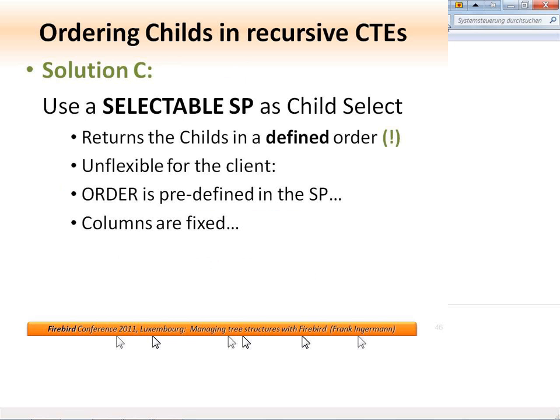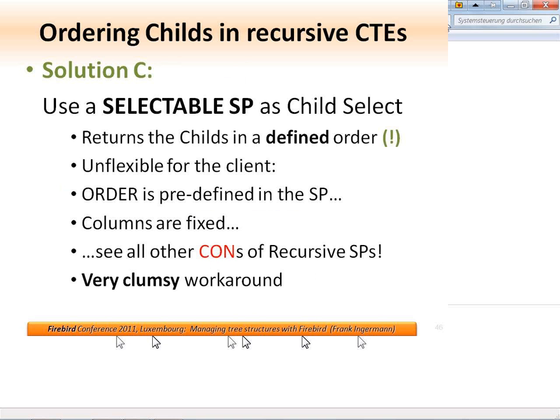But it's pretty accessible because we're using all the advantages that you have from the dynamic recursive CTEs. The downside is that whenever you have to change your CTE on the client side, you will also have to change the recursive stored code, but it really does work. So there are all the other problems of recursive stored code, and it just happens to work.